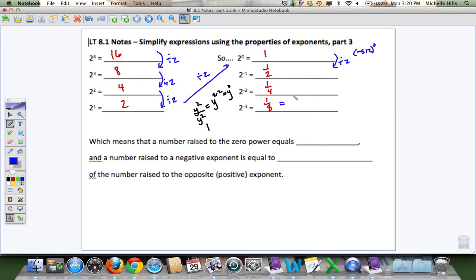So that's the same thing as 1 over 2 to the positive 3 power. Also notice that this negative exponent did not lead to the number itself being negative. Negative exponents are all about the reciprocal of the first number, not about the number itself being negative. And then a number raised to the 0 power equals 1.